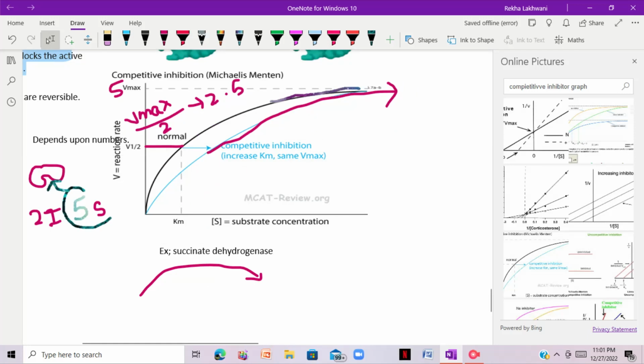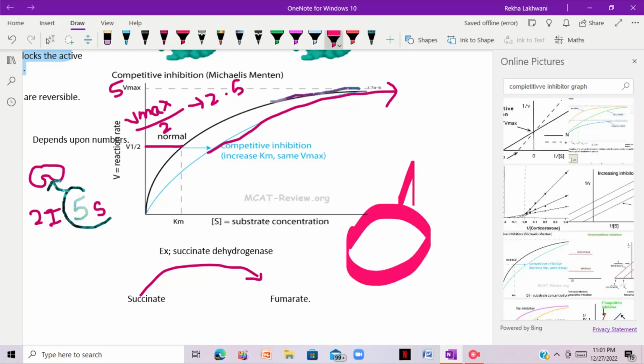But over here, the competitive inhibitor is malonate, which comes in between the reaction, and it retards the rate of reaction.